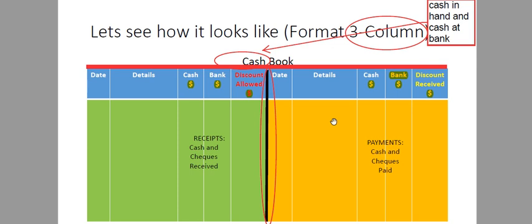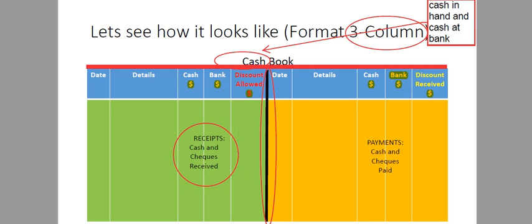Now if you see on the left side of this black bold line, there are receipts shown here. So can we circle the receipts? And you can see there are receipts here. So this side is the receipts side. You can call it the debit side because it works like a ledger also. So this is the debit side of the cash book, or you can call it the receipts side of the cash book. This is basically all the money coming in.